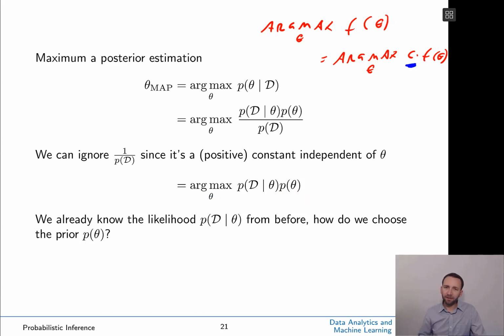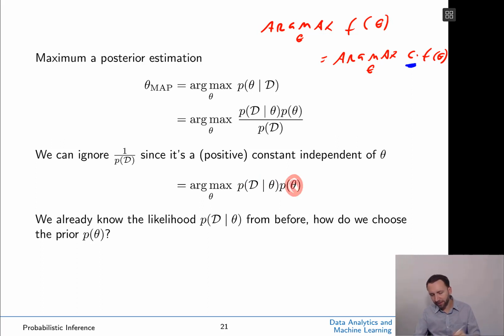And how do we do this? We can just do it again analytically. If you know how this looks like, you can take the gradient, set it to 0, and you are done. So how do we do this now? As said, this here is what we derived already. This was our likelihood function, theta to the power of tail times 1 minus theta to the power of head, for example.